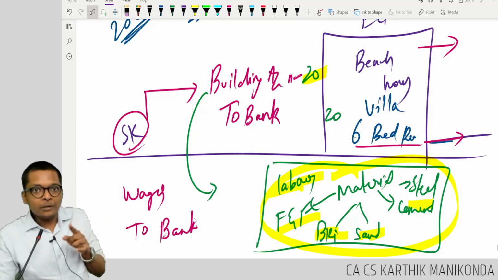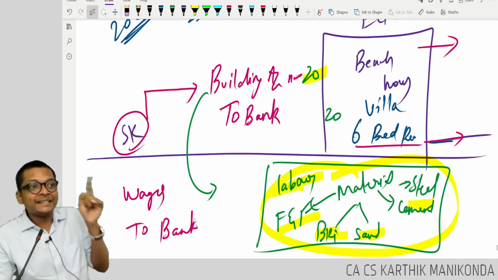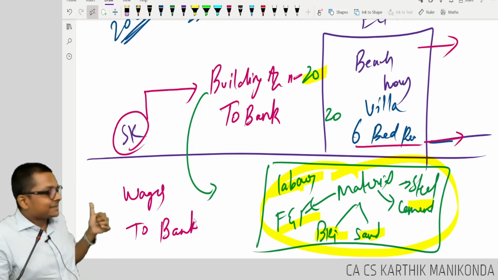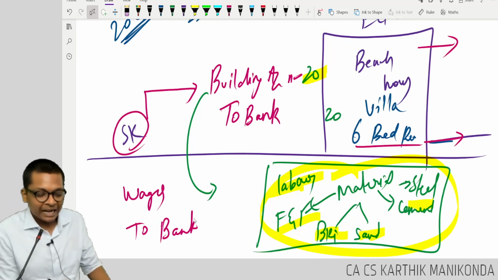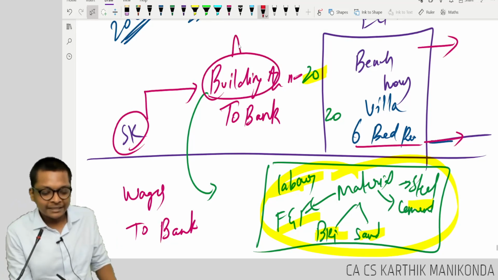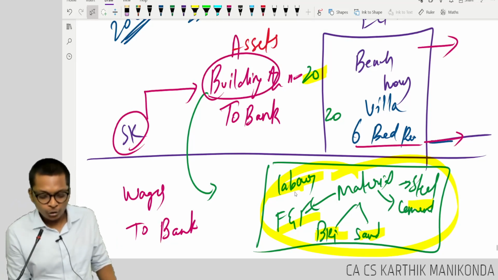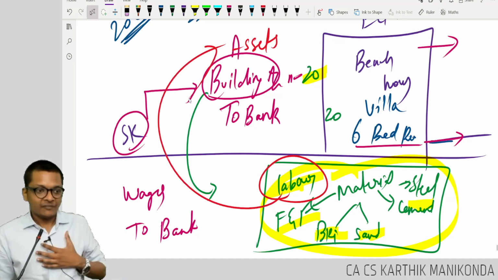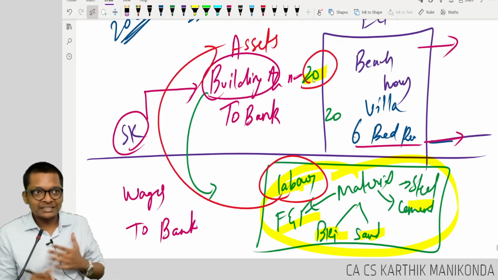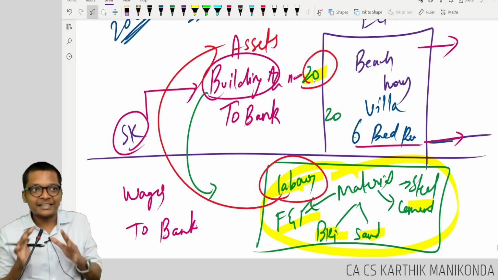That means normally wages will go to my P&L account, but in this case, wages is going to my balance sheet, adding to the cost of the building. It is becoming an asset. So wages became an asset. Are you able to see it, guys? When I say building is 20 crores, it is every expense necessary to make that building.